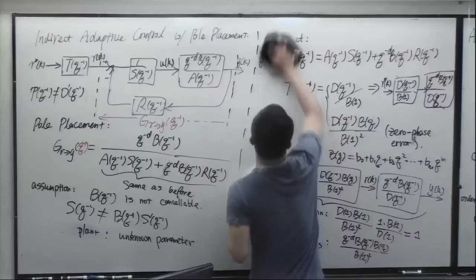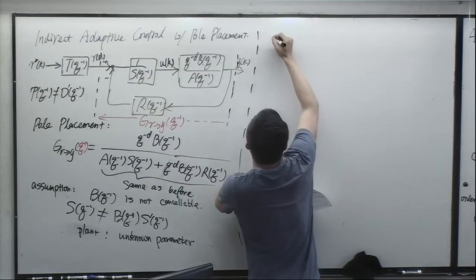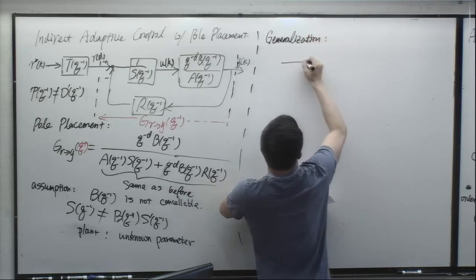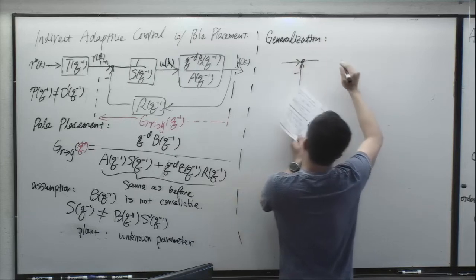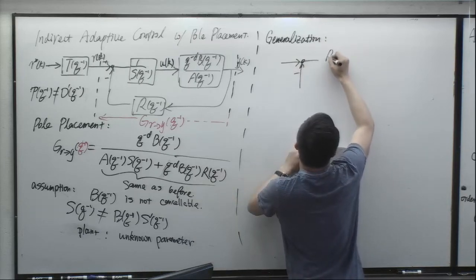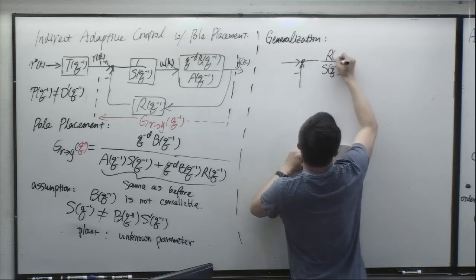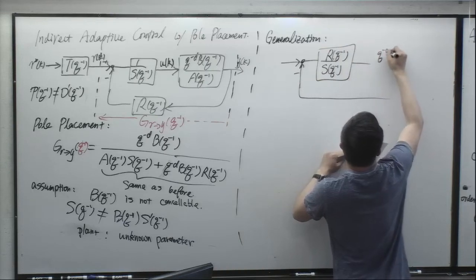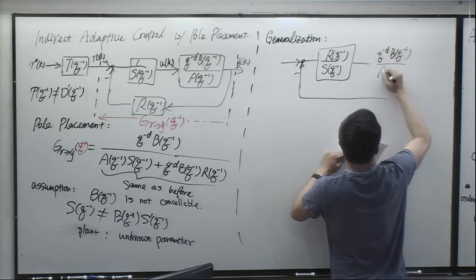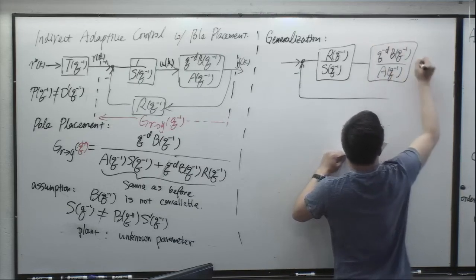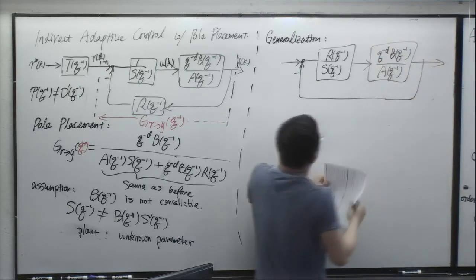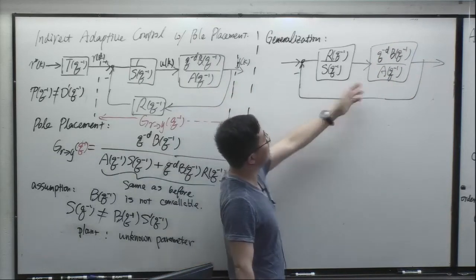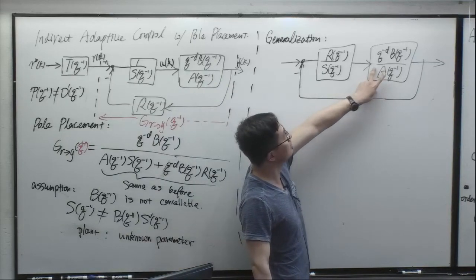So let's say we don't have this RST structure anymore, and we just want to design some controller if this plant parameter is not known, right?